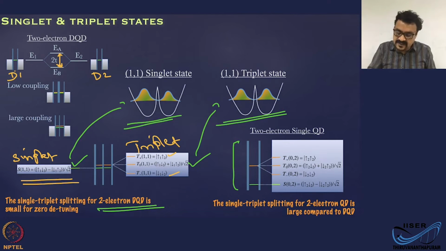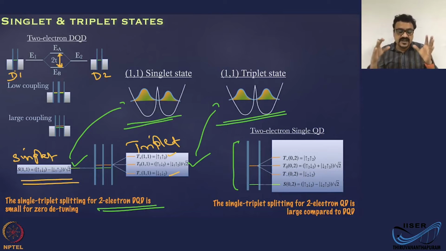Again, the singlet and triplet states are given by the same notation, but these are 0-2 triplet states. The reason I am calling it 0-2 is because you are considering only dot 2 in this case, the right side dot. Dot 1 I am not worried about.